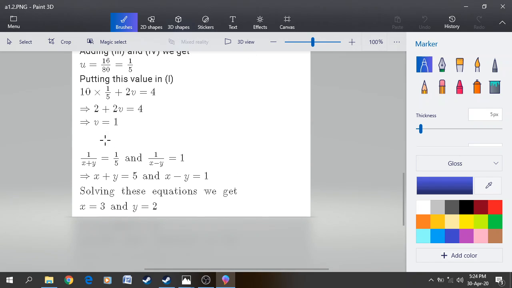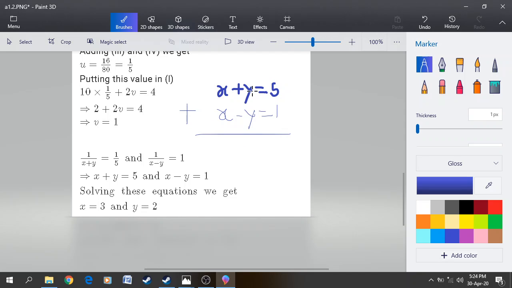So what we got, after putting these values, is 1 upon x plus y is equal to 5 and 1 upon x minus y is equal to 1. What we got is x plus y is equal to 5 and x minus y is equal to 1. So we can just add them.